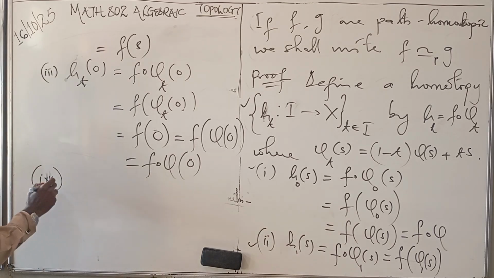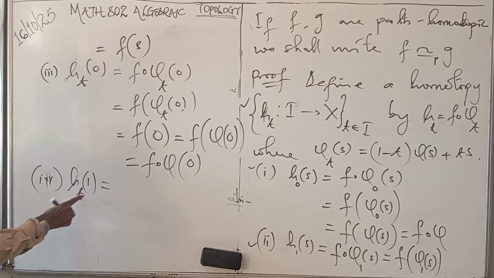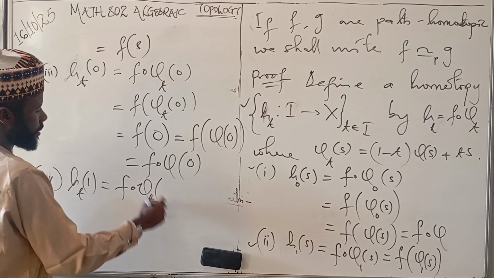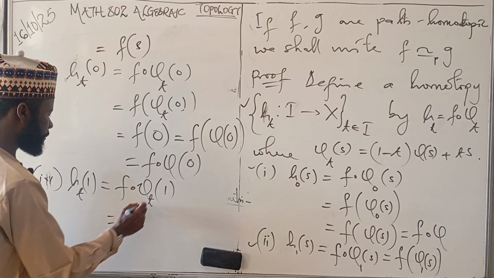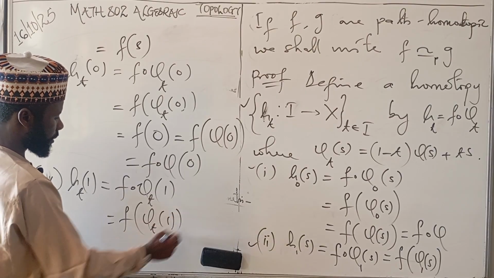So the fourth condition is to take H t of 1, and that will be F composite pi t of 1, but that will be F pi t of 1.